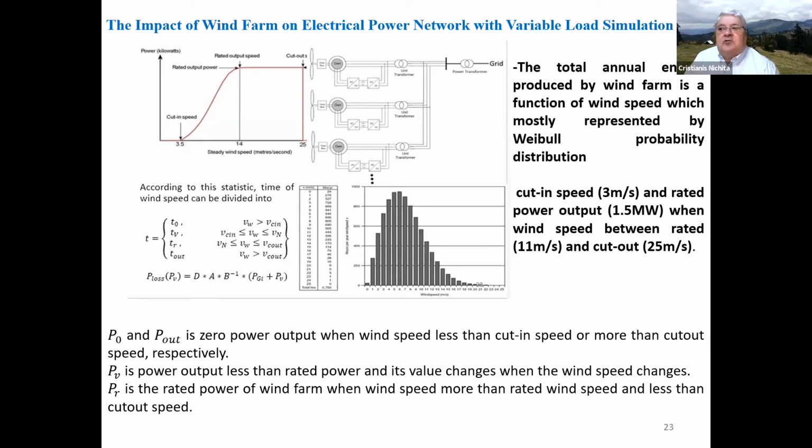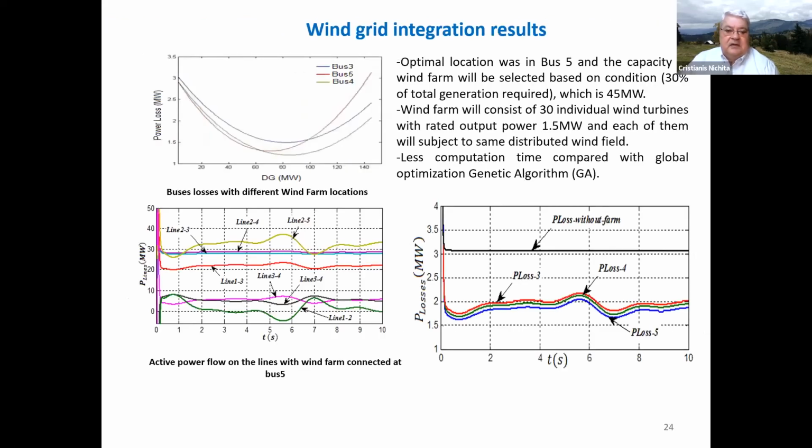The size and location of the wind farm is selected depending on the analytical model explained a little in my intervention here. We try to simulate 5 wind farms of about 45 megawatt, and the results are very interesting here.